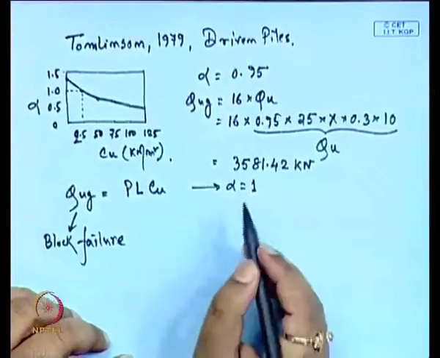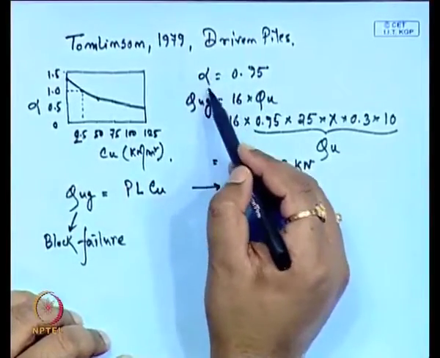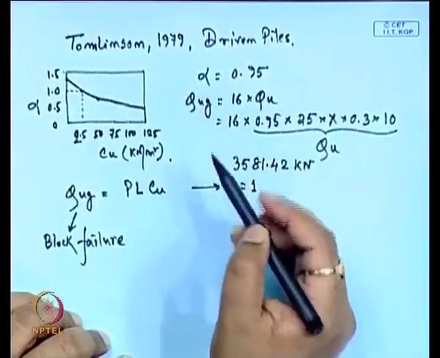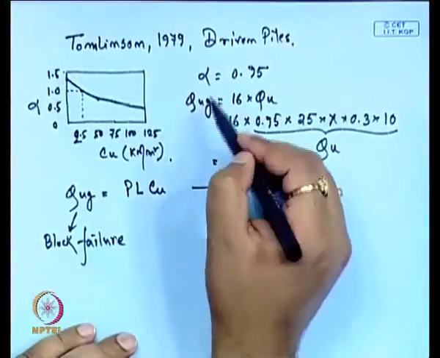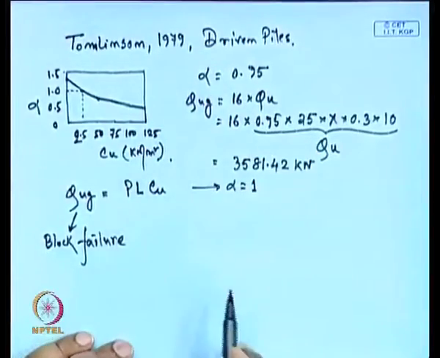The reason is that alpha is the adhesion factor, and this adhesion is considered for a single pile, where the adhesion is between the pile surface and the soil. That is why you have to consider an alpha value, because here two different materials are involved: the pile is one material, and the soil is another.